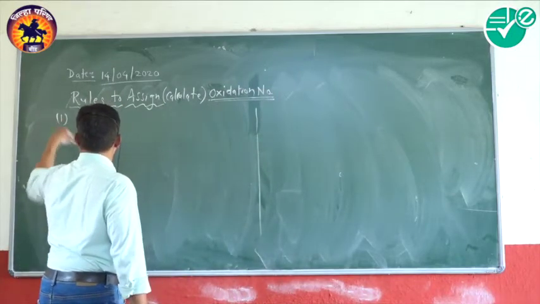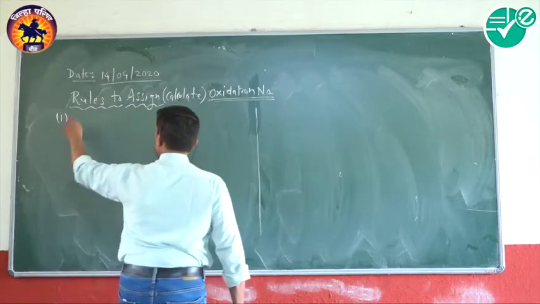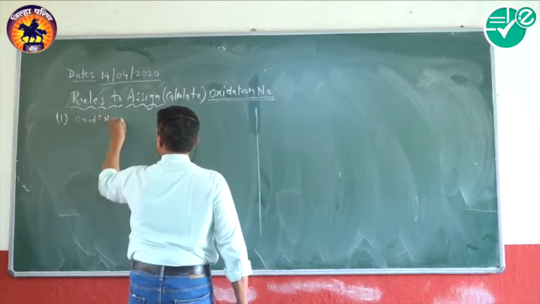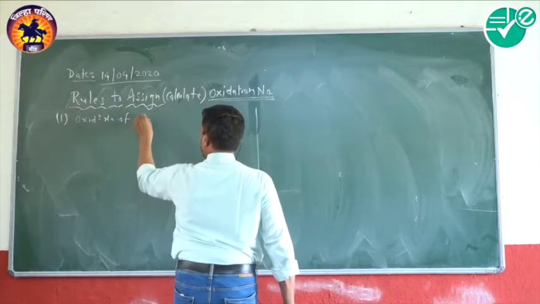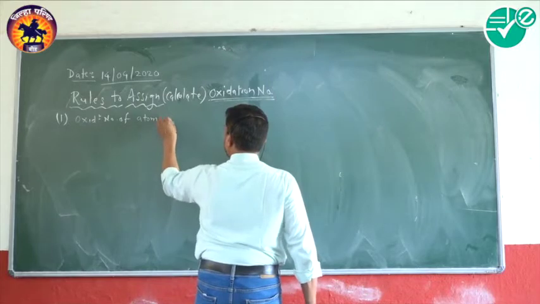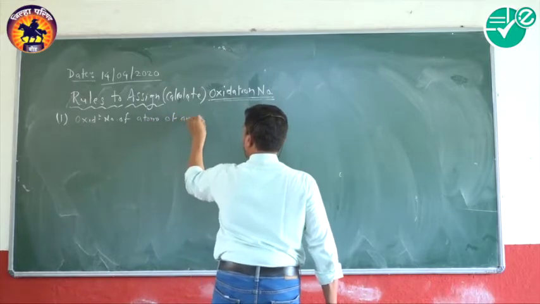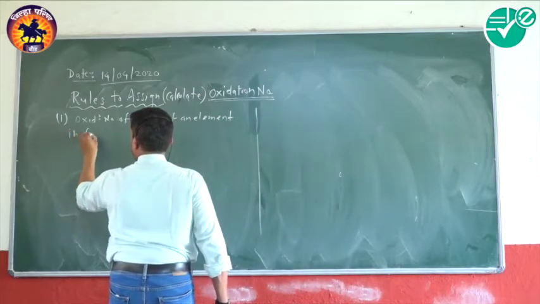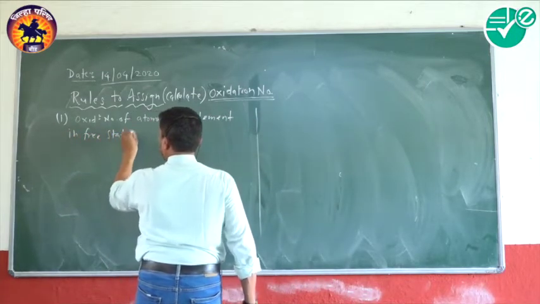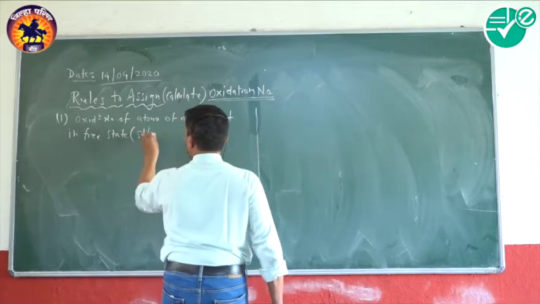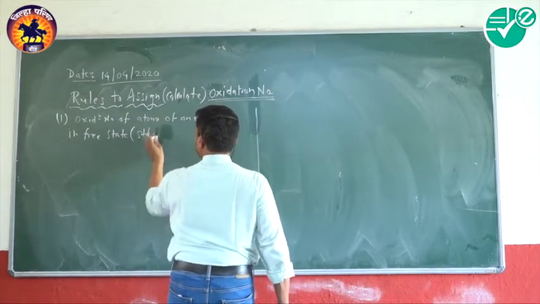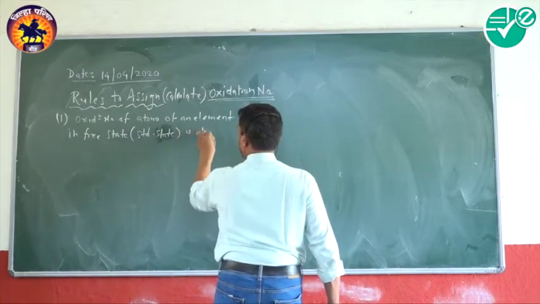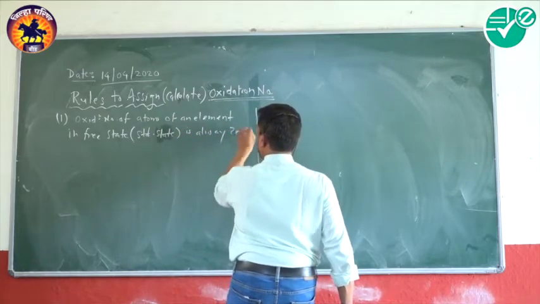Now first rule, remember, the oxidation number of atoms of an element in free state, that means standard form, standard state, is always 0.